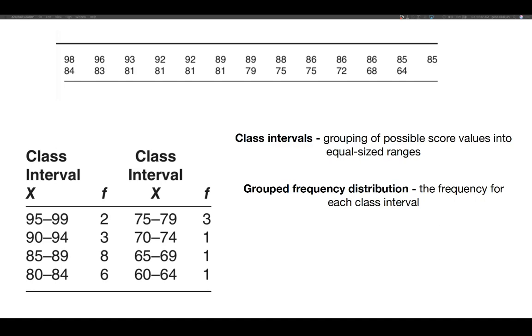So let's look into the class interval of 80 to 84. The interval is defined by its apparent limits. In a score of 80, we would know that 80 is the lower apparent limit of this class interval, and 84 is the upper apparent limit.